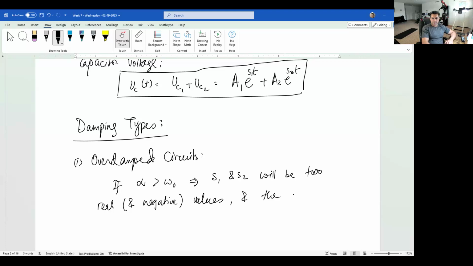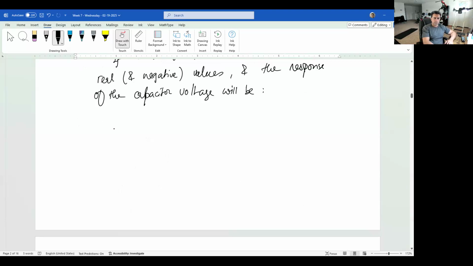And the response of the circuit, the response of the capacitor voltage, we can write: Vc(t) is equal to A1 e to the power S1t plus A2 e to the power S2t.